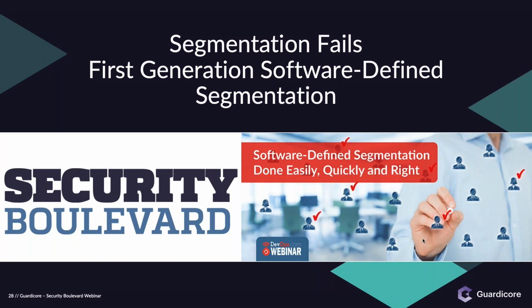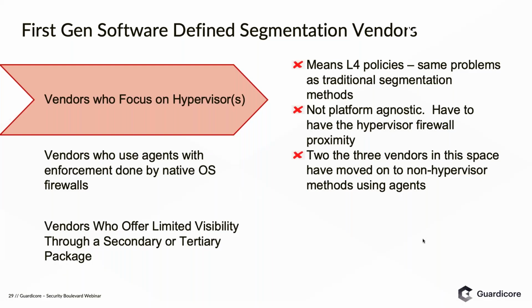And then the final group of failures that we've learned from is first generation software-defined segmentation. There are many. First things first, there were 3 vendors who focused on hypervisors and thought the hypervisor would be the method of enforcement and control. Actually, 2 of the 3 vendors who started in this space, including the largest hypervisor vendor in the world, have moved away from hypervisors. There's only 1 who still does hypervisors. The problem here was you had the same layer 4 policies.